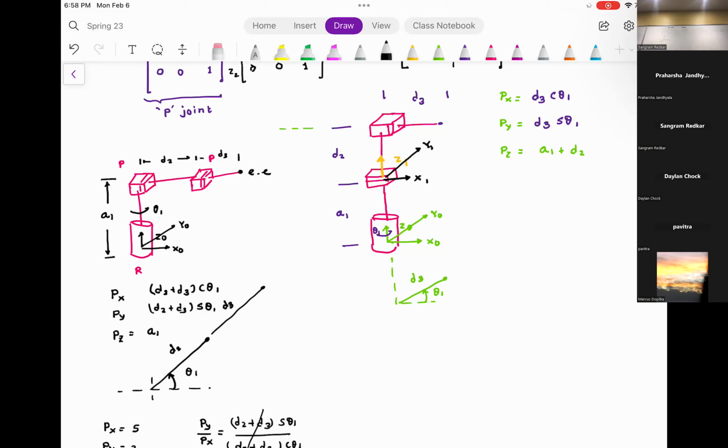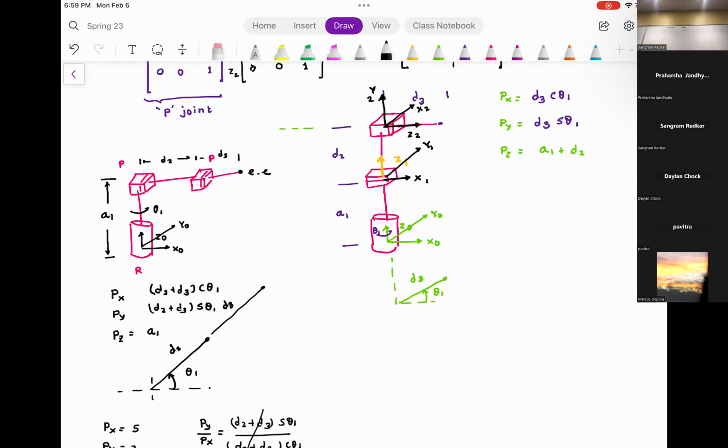Now comes the next question. Here, you are going to have Z2. Now let's look at X2. X2 here also is no problem. Since my X2 is here, Z2 is here, my Y2 will go on.